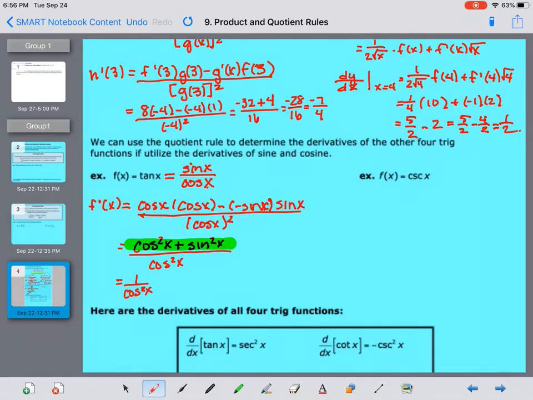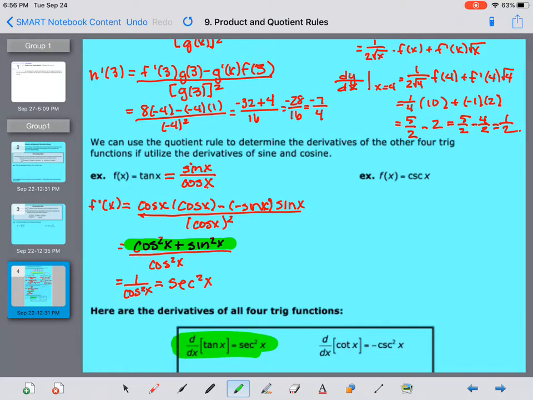So 1 over cosine squared is the reciprocal identity for secant squared. So that means the derivative of the tangent of x, in fact, is secant squared of x. And that's kind of what it says right here.